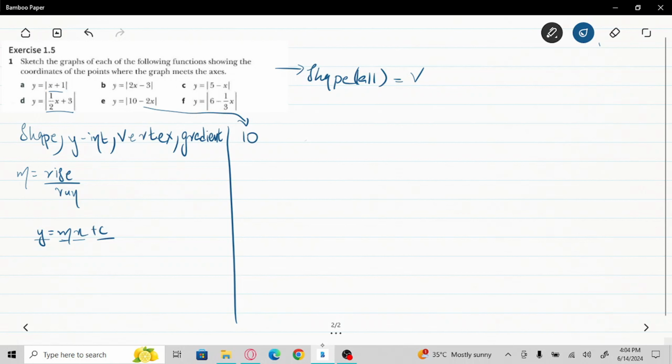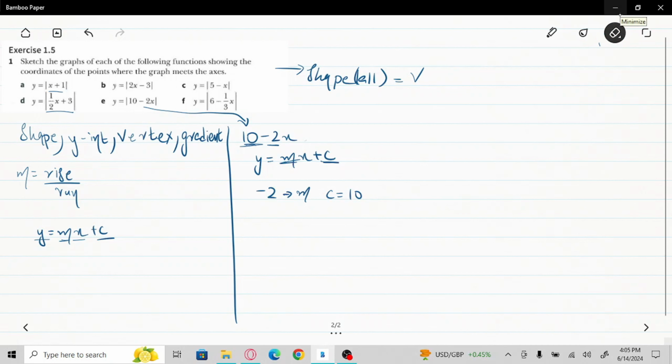For example, 10 minus 2x is y equals mx plus c, but jumbled up. The m for the gradient is with the x coordinate. Right now with the x coordinate we have -2, so we directly know that -2 is the gradient. C is the y-intercept, so in the straight line case, the y-intercept is equal to 10.